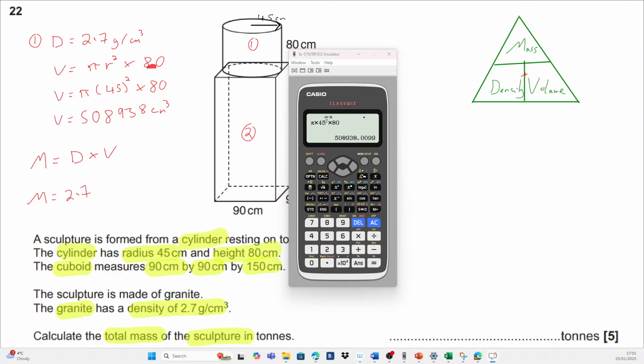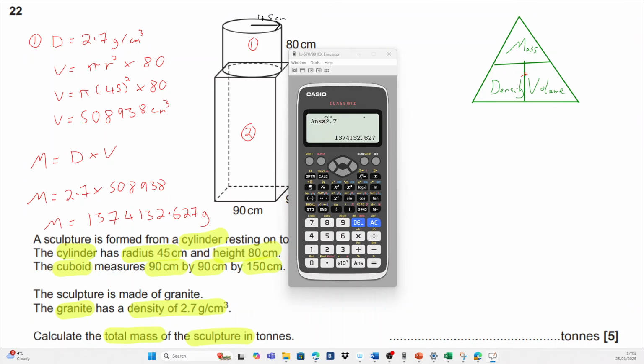You've got cm cubed, you're going to be good. Times this huge number, 508,938. The mass is going to be equal to, let's times this number by 2.7, and you get this even bigger number, 137,432.627 in grams.